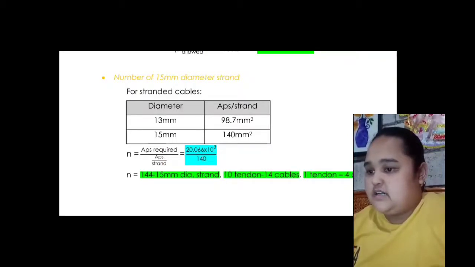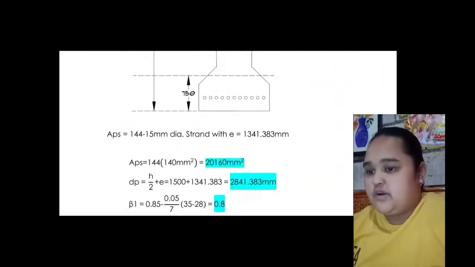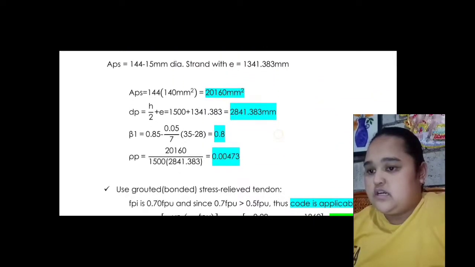APS is 144 15 mm diameter strand with E equal to 1,341.383 mm. APS is 144 times 140 mm squared, which is equal to 20,160 mm squared. DP is equal to 2,841.383 mm. Rho P is 0.00473.